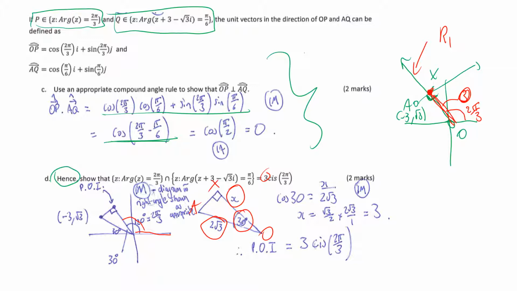And again, there it is, SOHCAHTOA. Cos in this case relates hypotenuse to adjacent, and we're able to show that it has a value of 3. And it almost by default has an argument of 2 pi on 3, because it's a point in common to both rays, and every point along one ray has an argument of 2 pi on 3, so it too must share that property.